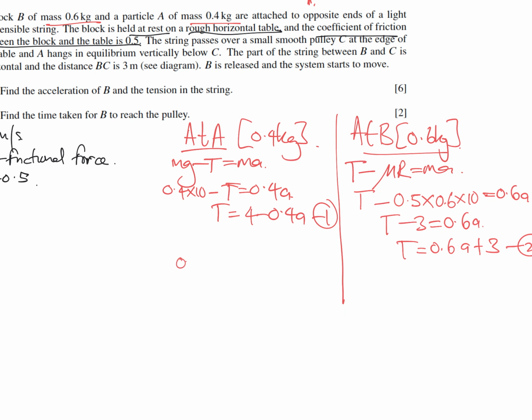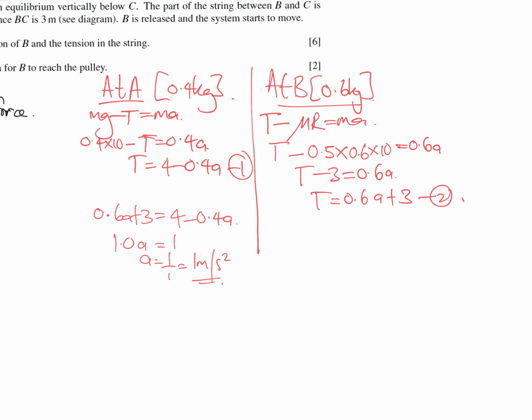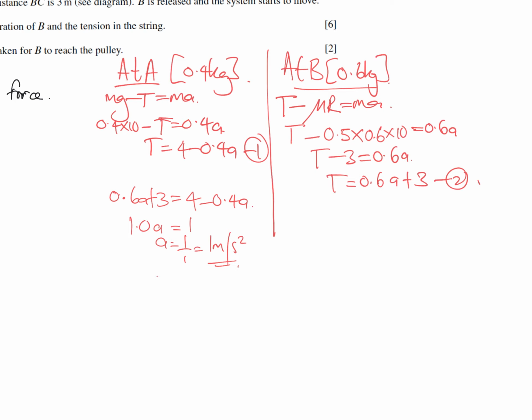So 0.6a plus 3 is equal to 4 minus 0.4a. Therefore 1.0a equals 1, a equals 1 over 1, which is 1 meter per second squared. Once I've got that, I can find T. T equals 4 minus 0.4a, so 4 minus 0.4 times 1, and the answer is 3.6 Newton.